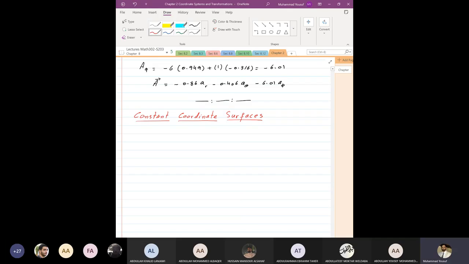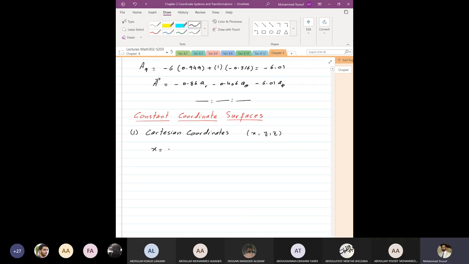Constant coordinate surfaces, number 1: Cartesian coordinates x, y, z.